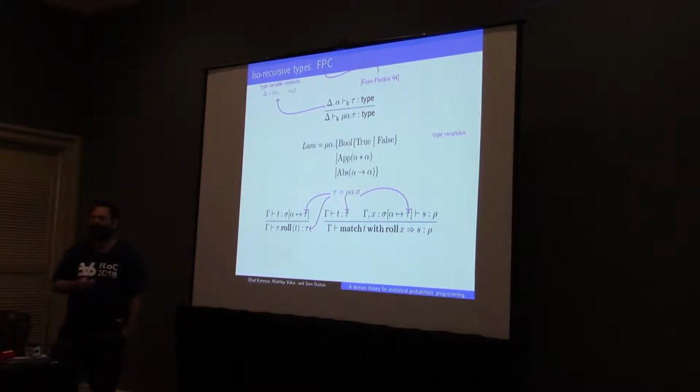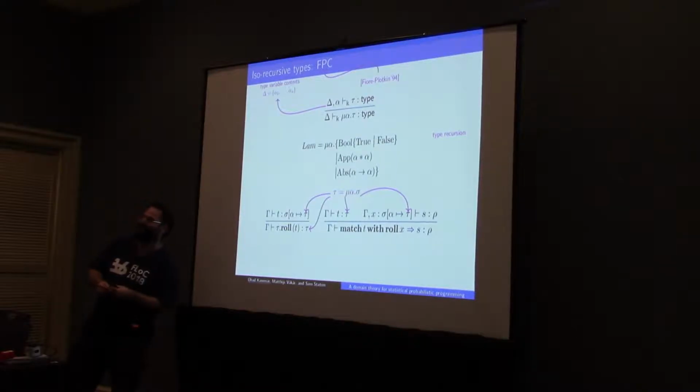Why not regular equirecursive types? There are some undecidability results going. Stephen Dolan is here. Do you want to give a short blurb as to why that's complicated? It's complicated.